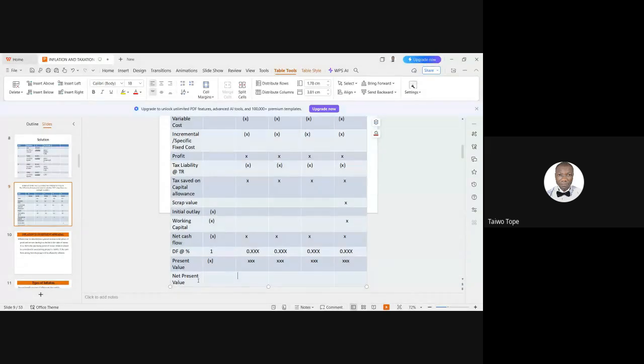So once you do the difference, you have a value termed your net present value. Any question about this?